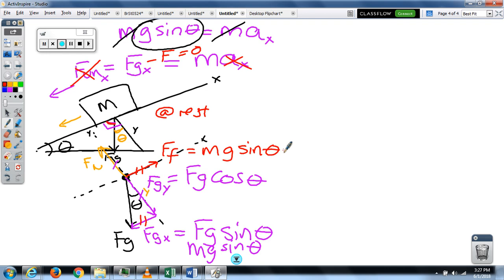Well, since we just talked about friction being equal to mu Fn, let's see what we get if we compare mu Fn to mg sine theta. So friction equals both mu Fn and mg sine theta. Maybe we can find some interesting relationship. Well, we said that Fn equals Fgy, which is Fg cosine theta, which is the same as mg cosine theta.